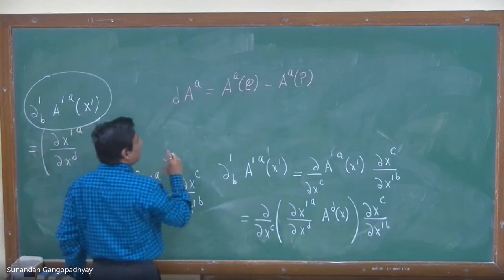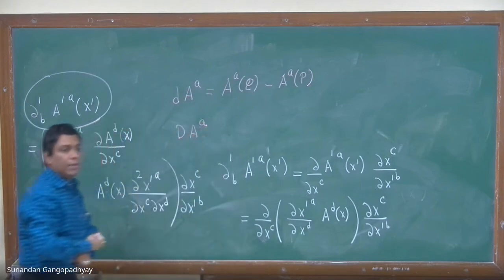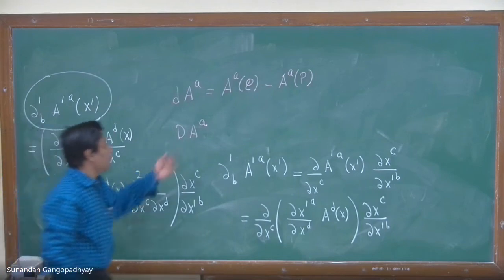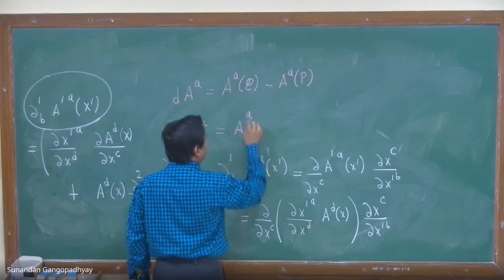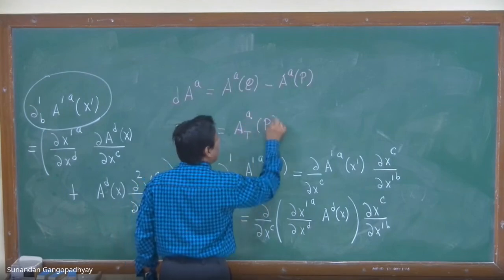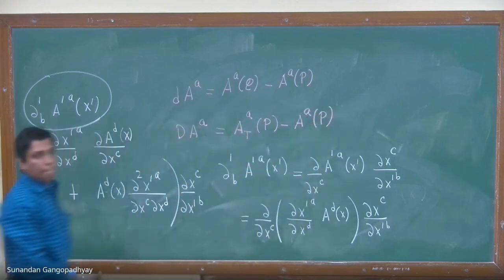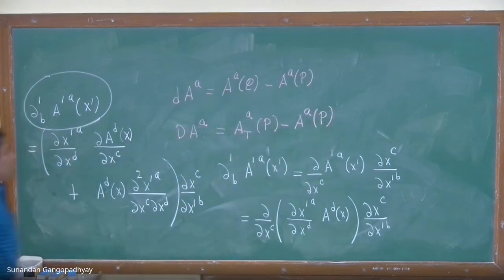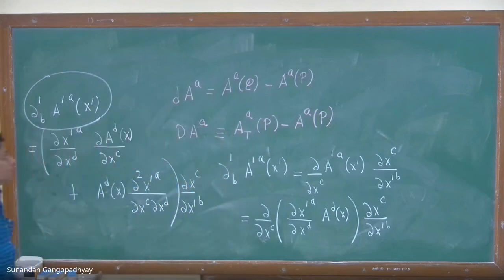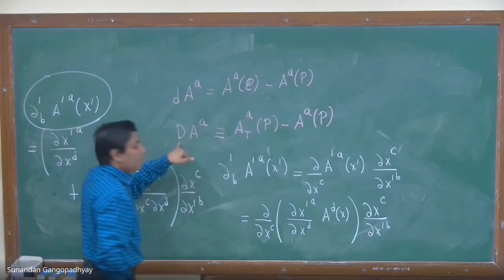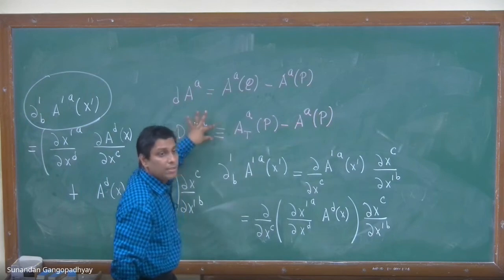To have a proper tensorial property, we shall define a different differential, capital D A of A. I define a new differential operator instead of small d, which is basically this. I define a capital D, which is defined like this. This equivalent sign means define. I define it.